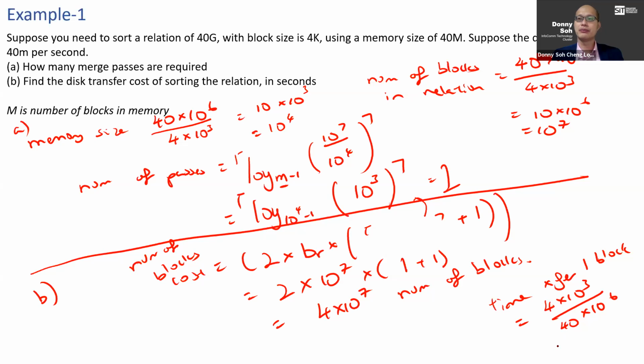This gives me 10 to the power of 3 divided by 10 to the power of 7, equal to 10 to the power of minus 4. So this is the time it takes to transfer a single block in seconds. So this transfer cost will be equal to 4 times 10 to the power of 7 times 10 to the power of minus 4, which is 4,000.